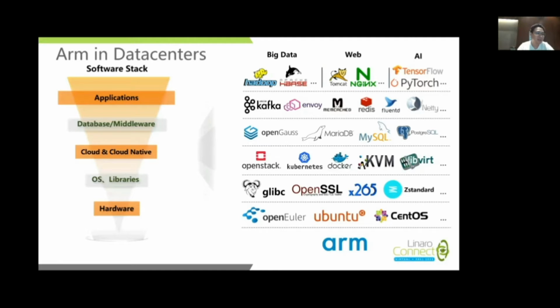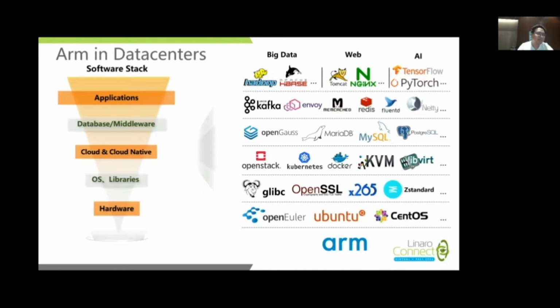Every component of the software stack is actually very important to the overall user experience and the result of the use case. The hardware needs the operating system and libraries to release the hardware's special features.